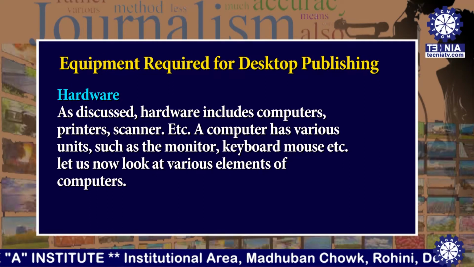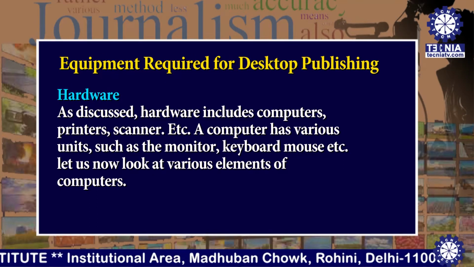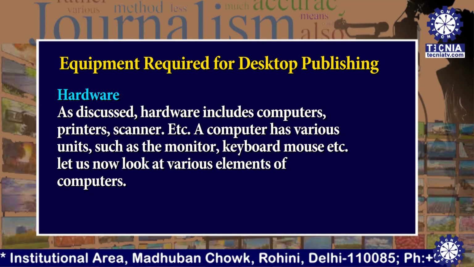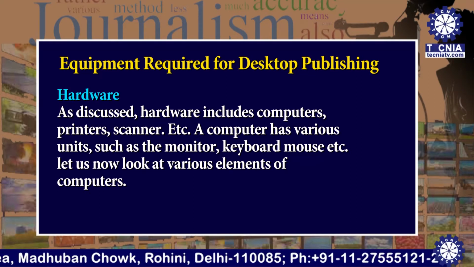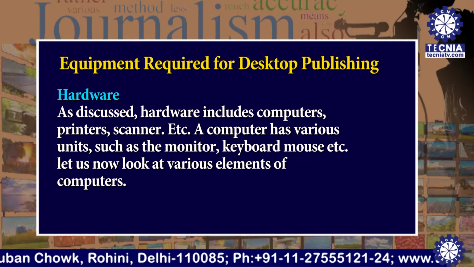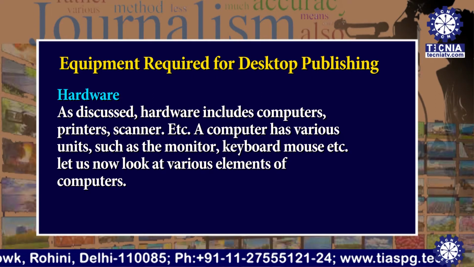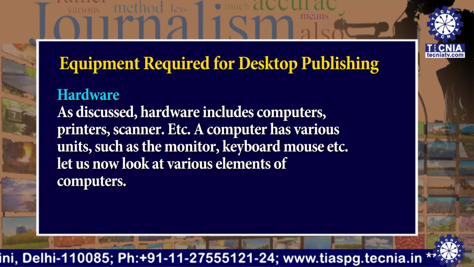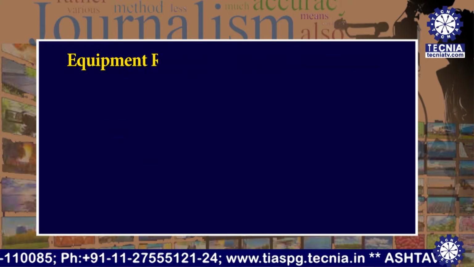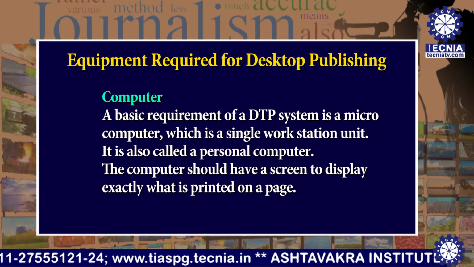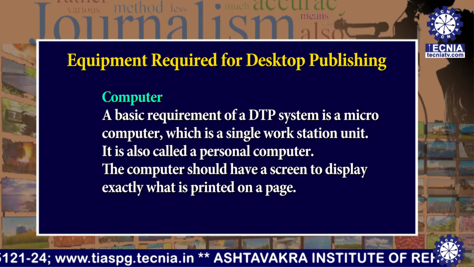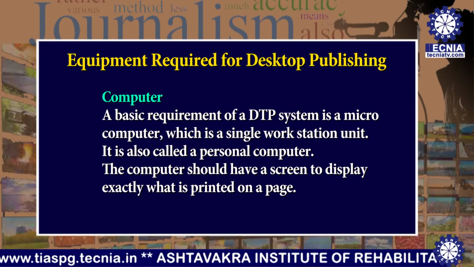Hardware. As discussed, hardware includes computers, printers, scanners, etc. A computer has various units such as the monitor, keyboard, mouse, etc. Let us now look at various elements of computers. Computer. A basic requirement of a DTP system is a microcomputer, which is a single workstation unit.